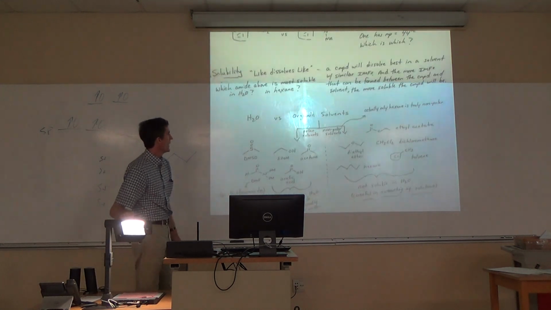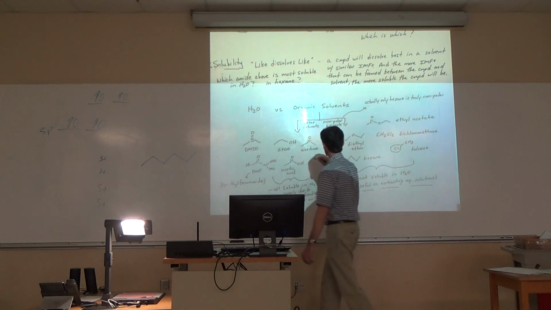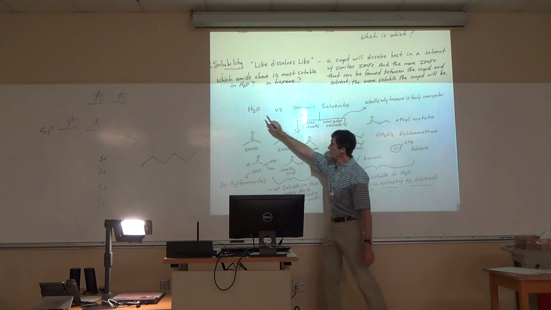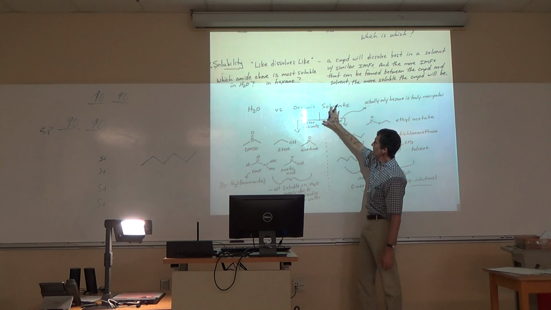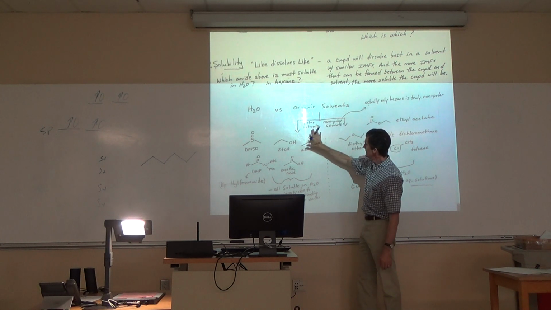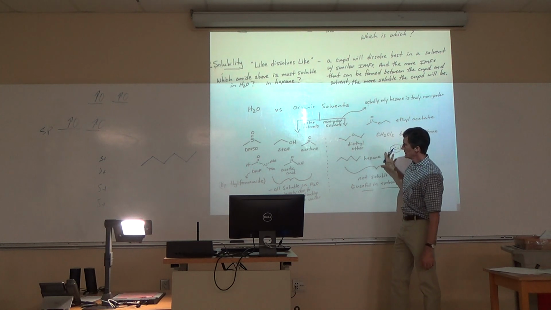Okay? What are some examples of solvents? I show some here, some very common ones. I distinguish, first off, you got water, and then you got organic solvents. All right? But organic solvents, I've distinguished between polar and non-polar.